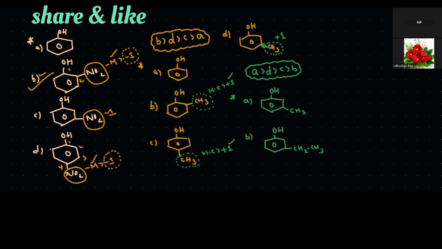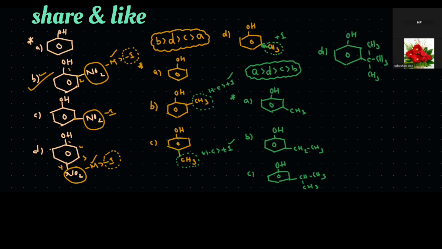Next, C, phenol, here CH bonded to CH3 and CH3, so this is an isopropyl group. Next, compound D, here phenol bonded to C with CH3, CH3, CH3, so here a tertiary butyl group.